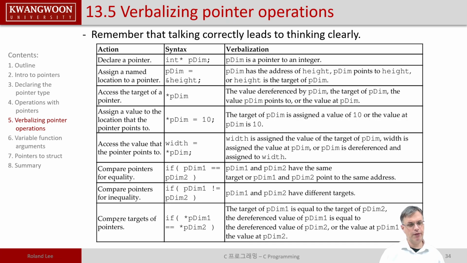Compare targets of pointers. If *pdim1 is equal to *pdim2, the target of pdim1 is equal to the target of pdim2. The reference value of pdim1 is equal to the reference value of pdim2, or the value at pdim1 equals the value at pdim2.